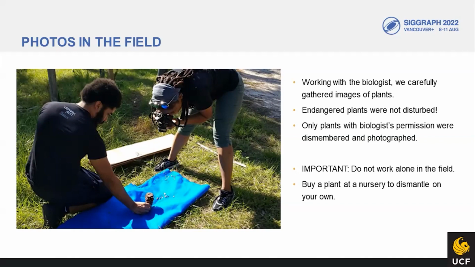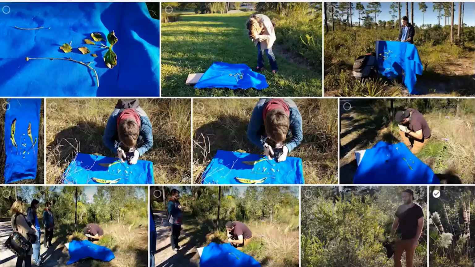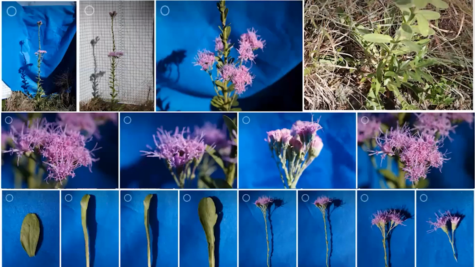Okay. So here's an example of students out in the field taking photographs and working in teams and isolating different components and taking many different photos to create their models. It's also very helpful to have a grid where you have measurements, and that can be used later in Maya as a reference.